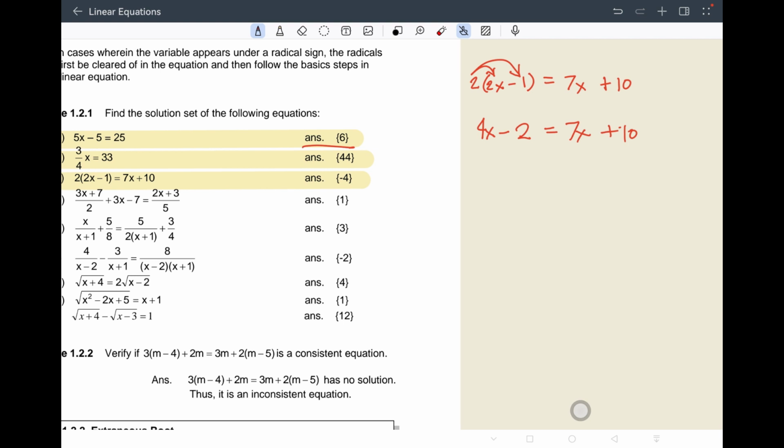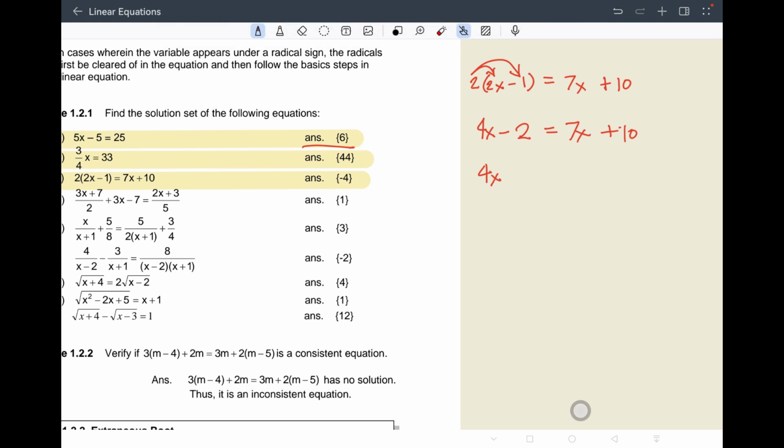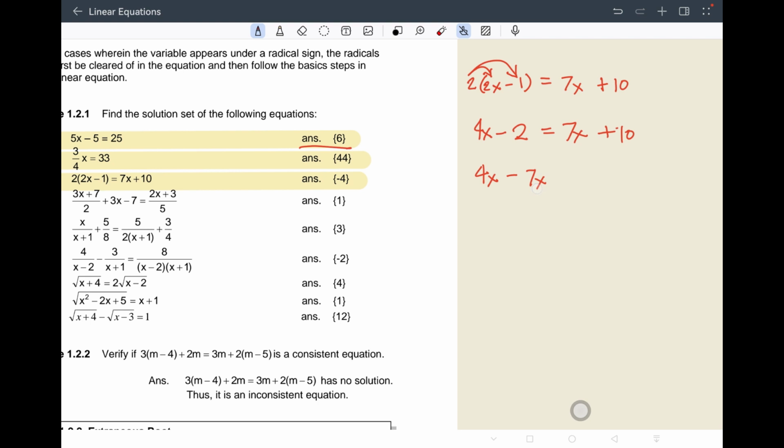So, let us combine these terms. 4x, then we transpose 7x to the left side of the equation from being a positive 7x on the right side. This will become negative 7x equals positive 10. Transposing negative 2 from left going to the right side of the equation, this will become positive 2.